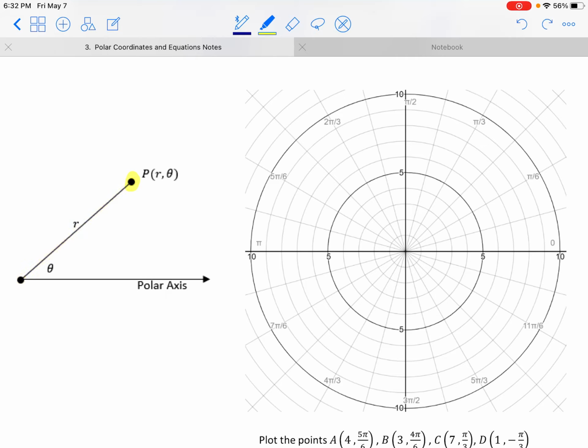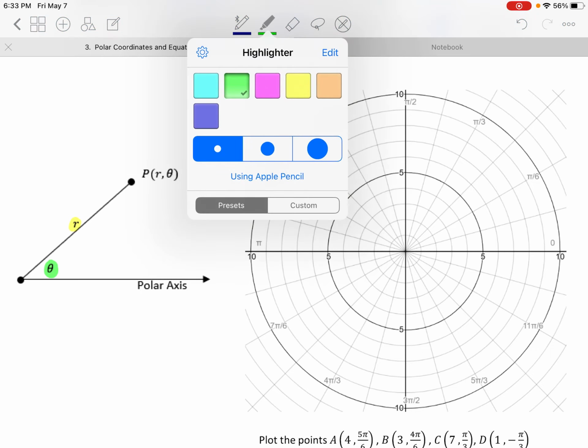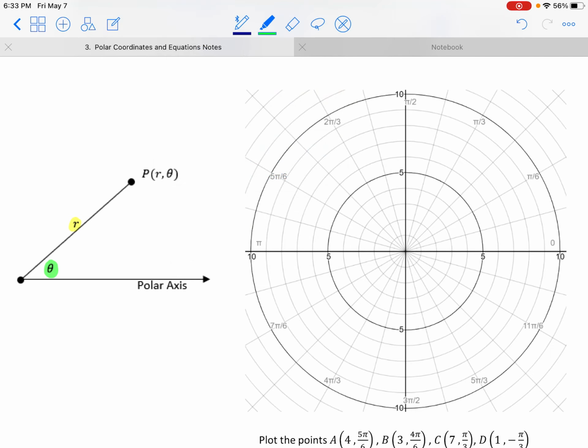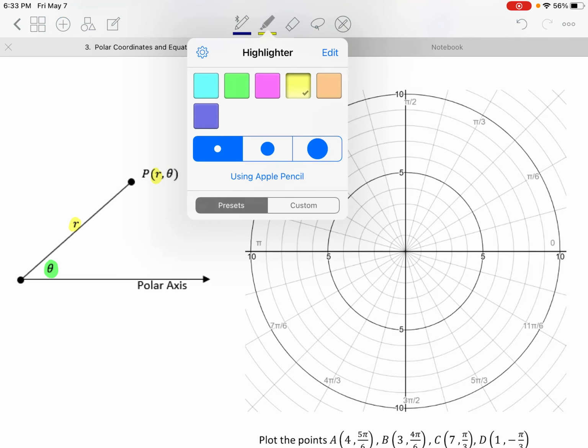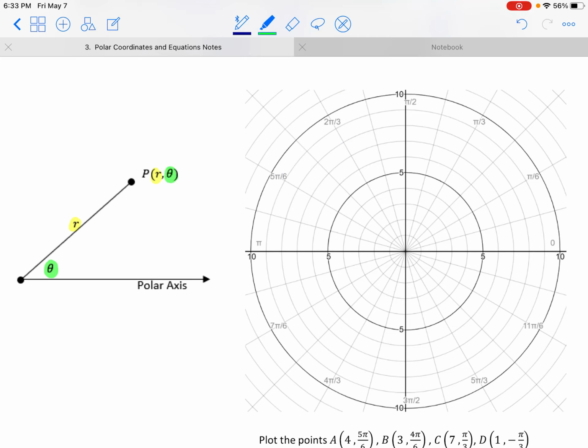So this is going to be r here. And then the angle that's created between that radius and the polar axis, we're going to call theta. And so the coordinate in the polar system for that point is given by the radius length and the angle measure.